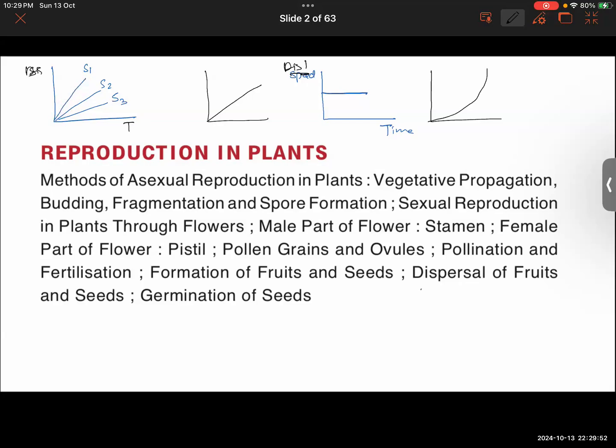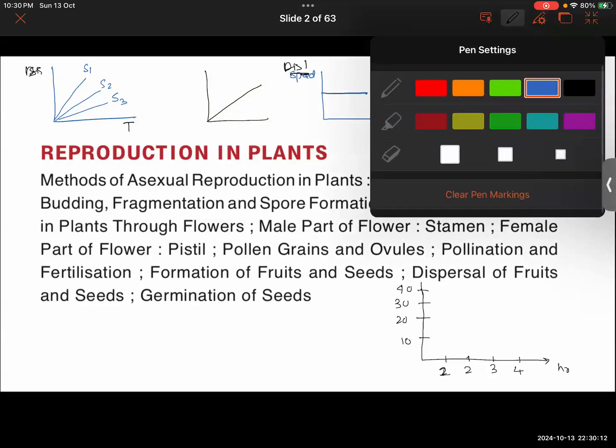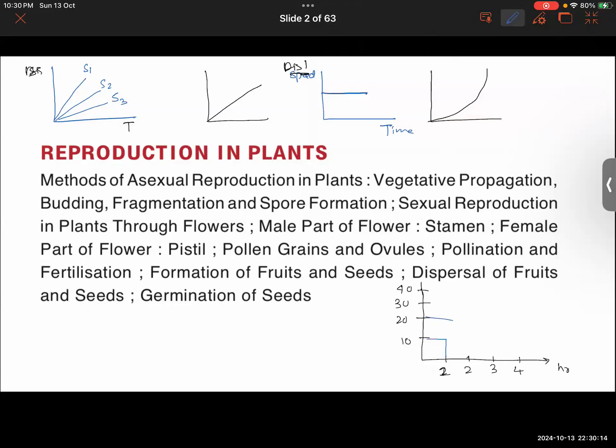In fact, you can understand it with one such example also. Let us say 1, 2, 3, and 4. This is the time in, let's say, hours. And let us say that this is the distance in kilometers. Okay. Now let us plot the graph here. So we have plotted a graph here.